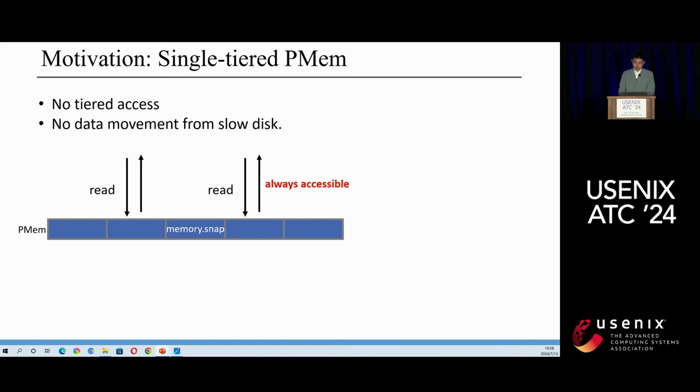Our idea is that PM's single-layered structure can help skip the tiered memory access and costly data movement in snapshot scenarios. Snapshot pages are persistently stored and directly accessible in persistent memory all the time, enabling efficient and stable VM access.